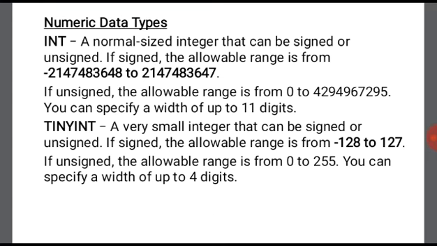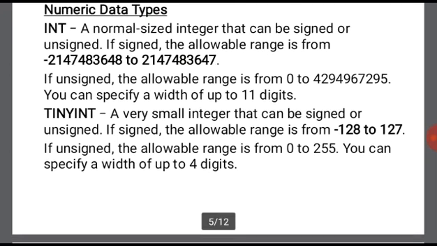If it is unsigned, meaning you don't want any negative value, then the range is almost double, and the width is up to 11 digits. But if your data is not as large as the above range, then you can use tiny int. The tiny int range for signed is minus 128 to 127, and if it is unsigned, then you can use 0 to 255.